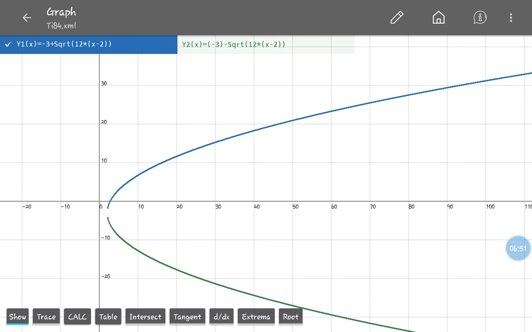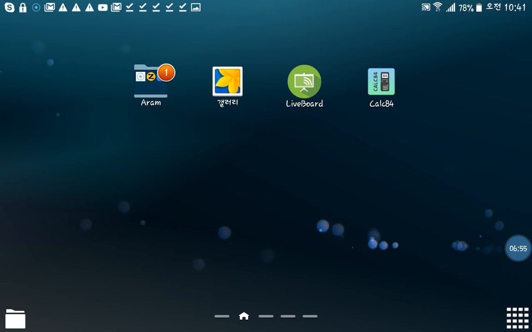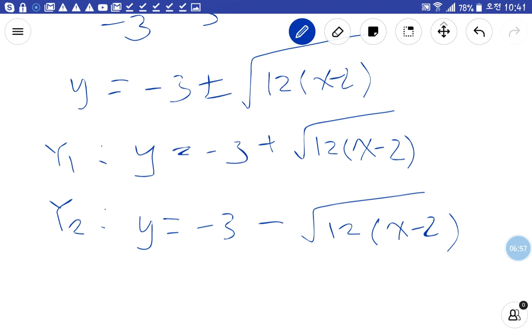Alright, so now we're going to go to page 586, example 5. In this section, we are going to practice changing the given equation into the standard form.